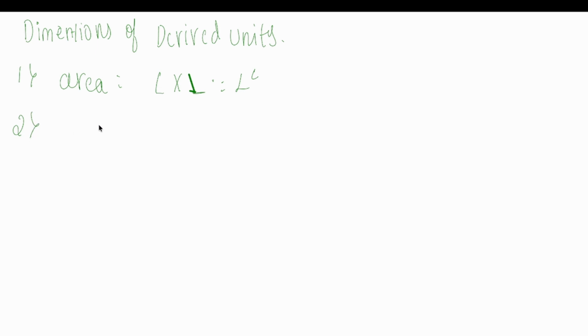Moving on to the second one, which is density. As the formula of density is mass per volume, let's write the dimensional formula of volume first. Let's take it as third.